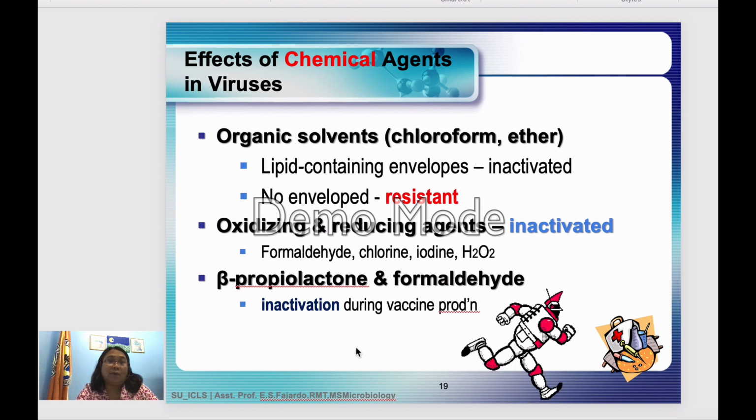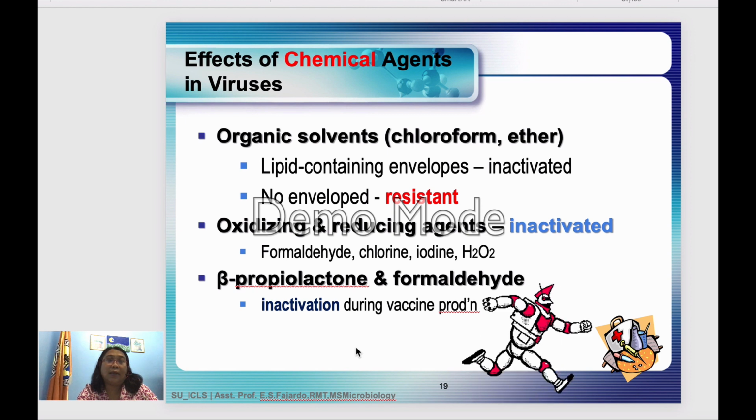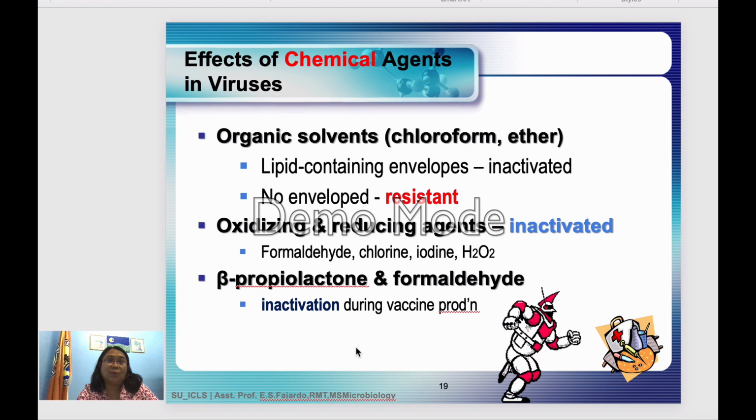So the formaldehyde there helps in the inactivation of the virulence of the virus, but the propiolactone helps in the equilibrium so that the antigens will still remain antigenic but not virulent anymore. Okay.